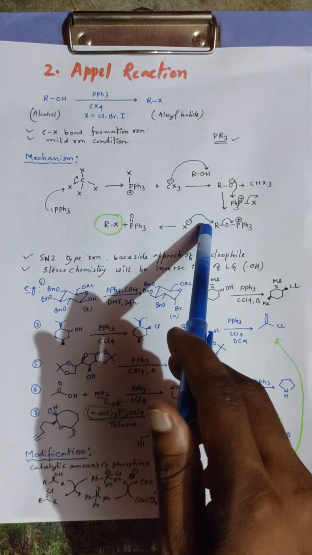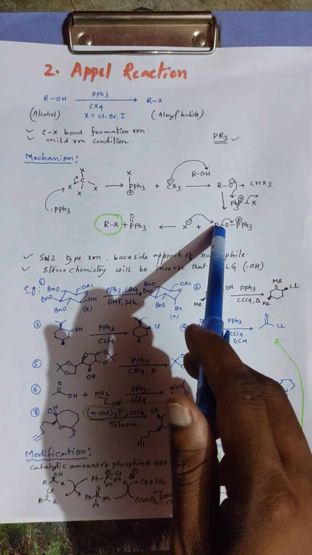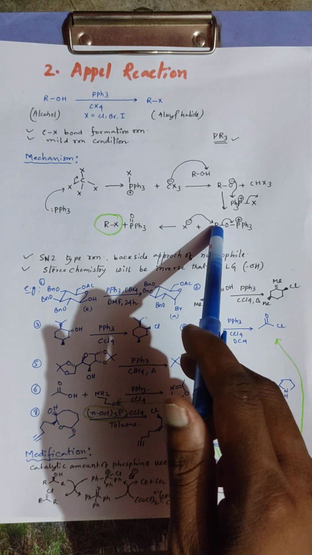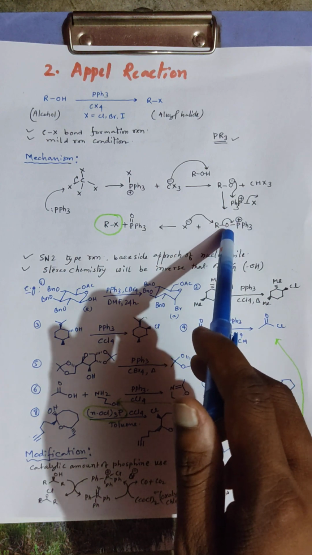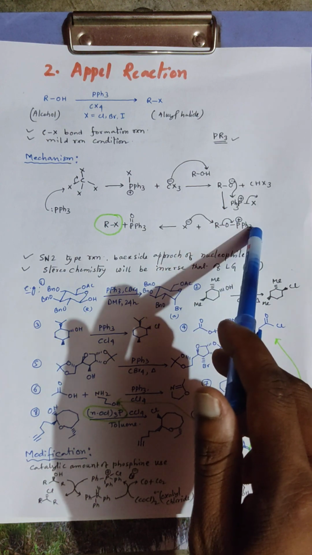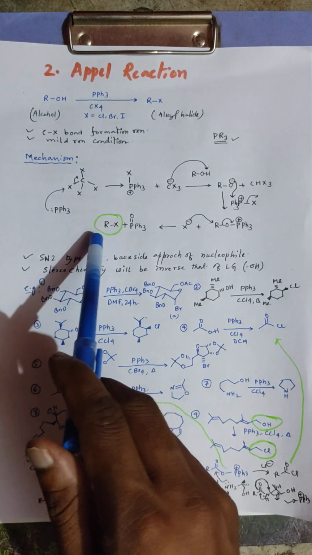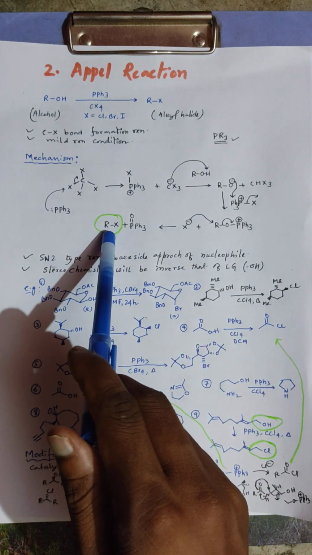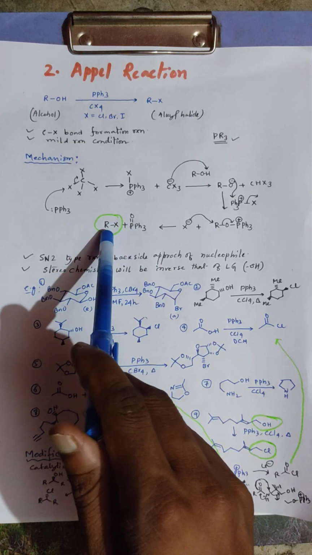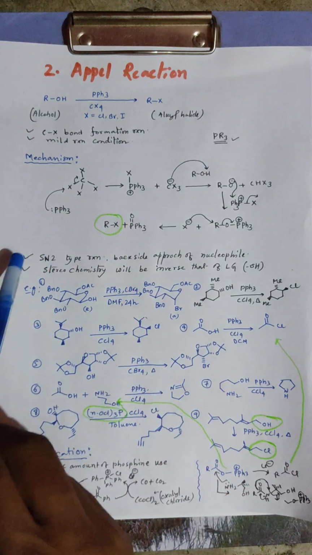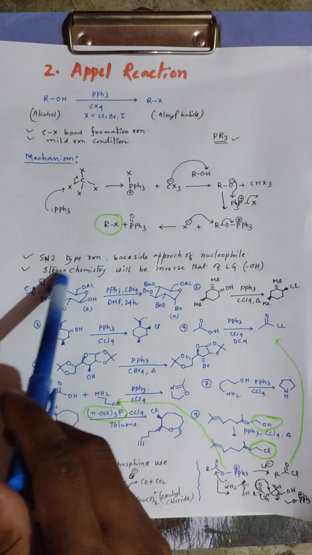It attacks the R, which is the carbon center, and finally the POPh3 leaves out. So the product formation is RX with POPh3. Now this RX is the alkyl halide. So this is the overall mechanism of this Appel reaction.